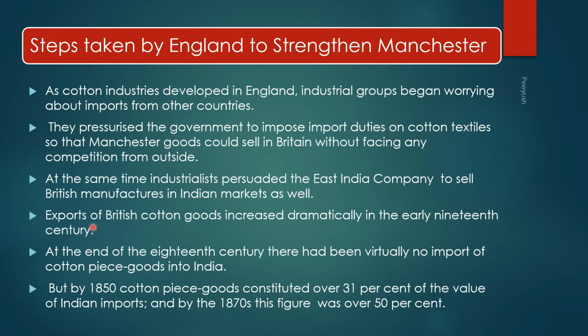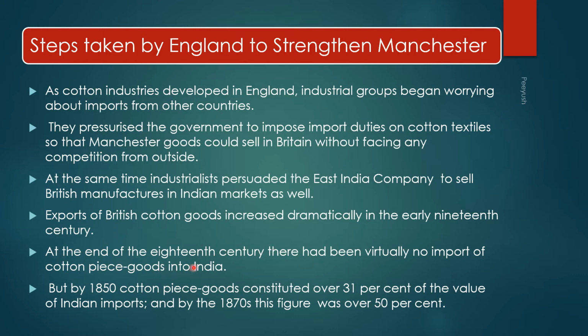And also, what did the East India Company do? It decreased the taxes on import in India. Since the taxes on import in India reduced, more and more products from Manchester started flooding the Indian market, and hence the exports of British cotton goods increased dramatically in the early 19th century.